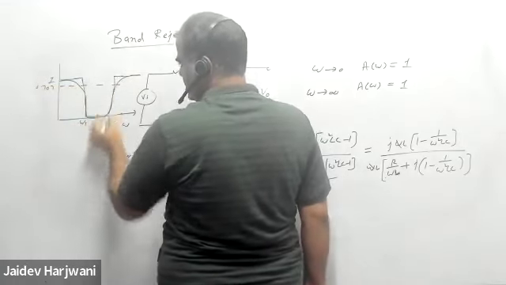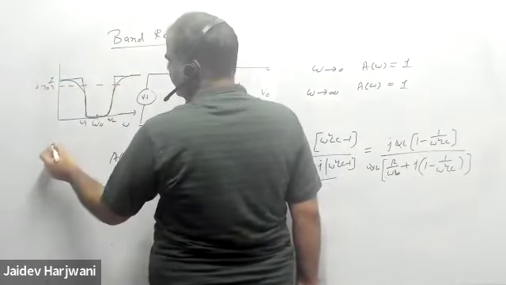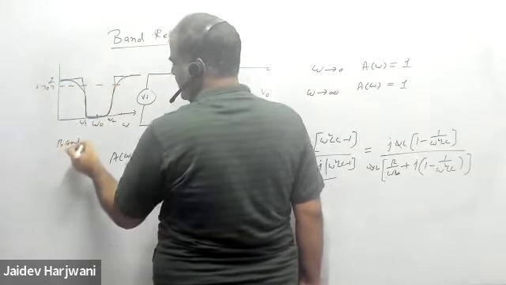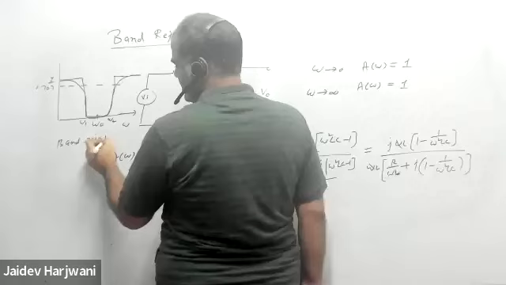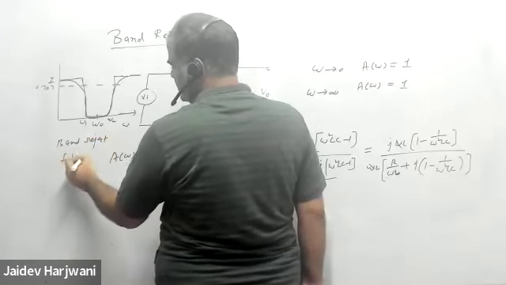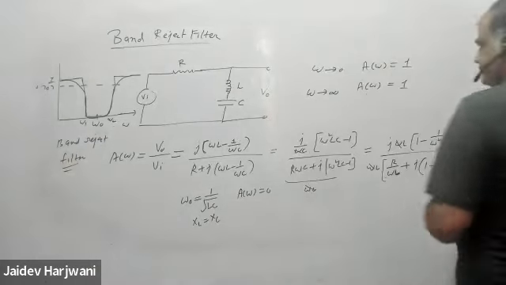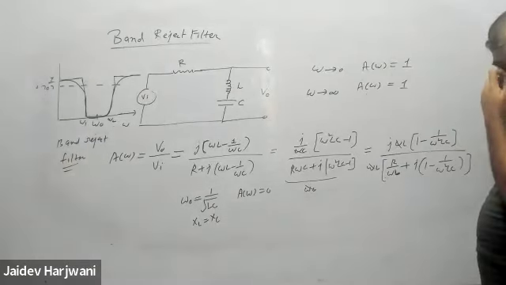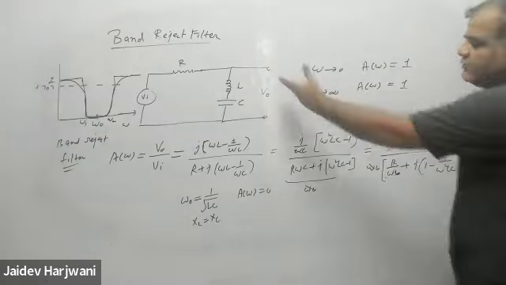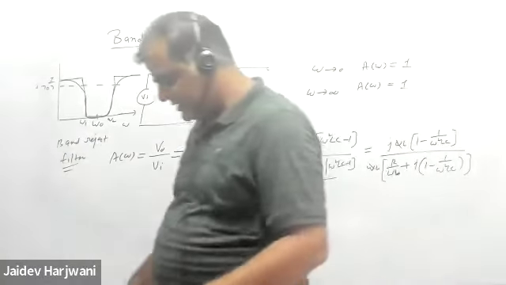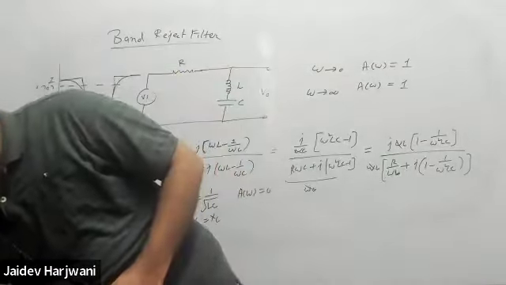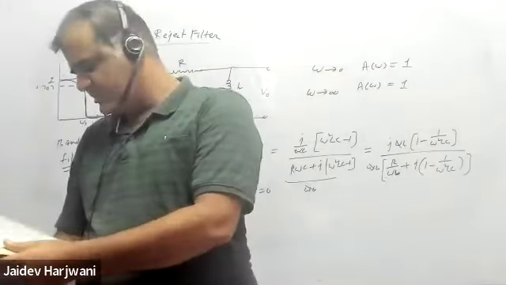Okay, so this is the band reject filter. So you only have to remember the circuits. Sometimes the circuit is directly given and they ask you what kind of filter this is.